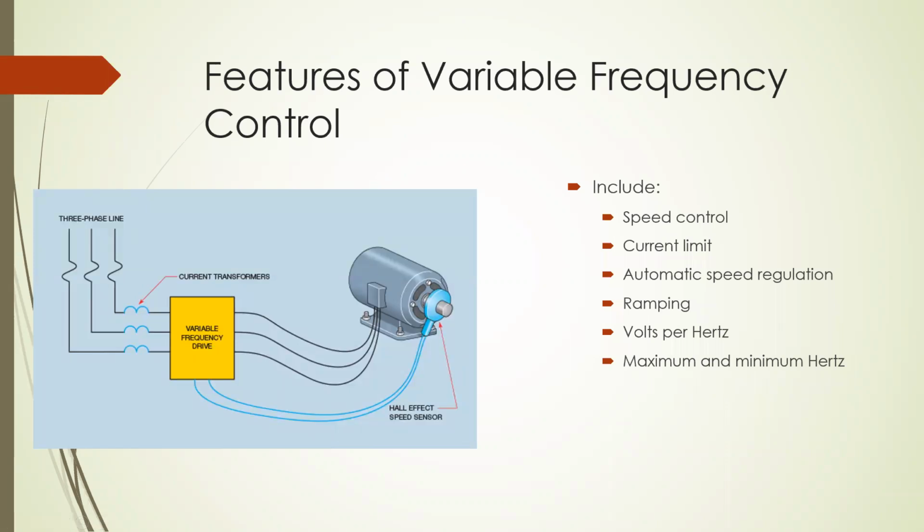So here we have some features that we have with variable speed drives. The VFD rated motor is going to have some sort of sensor on it that's going to provide us feedback to the VFD. We're going to have current transformers that are going to measure what's coming into the variable frequency drive. Now notice with the variable frequency drive, we're not having an overload.